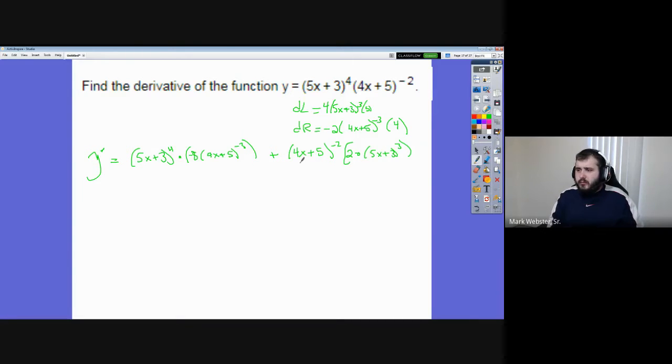And then again, you can leave it here. You're done now, right? Nobody's going to force you to continue, but you could neaten this up. You could make this look nicer if you wanted to. Bring this -8 out front. And then this 4x plus 5 to the -3rd, you could bring it down into the denominator like that. And then you could do the same thing here.